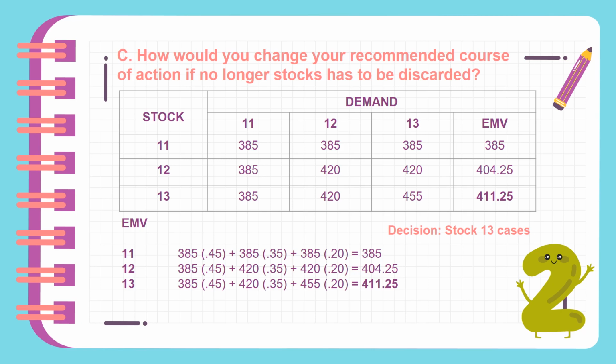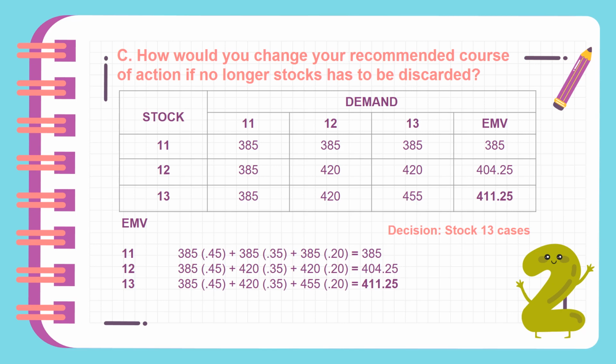Here in stock 12, in the demand of 11, since there is no need to discard, there is no need to deduct the 56 amount of cost, because the stocks no longer need to be discarded, so we do not incur losses.